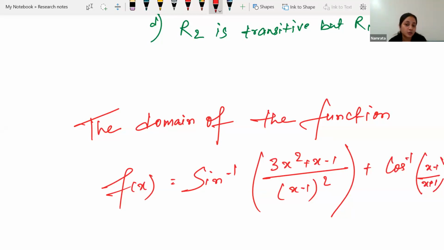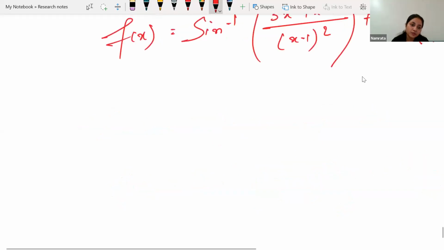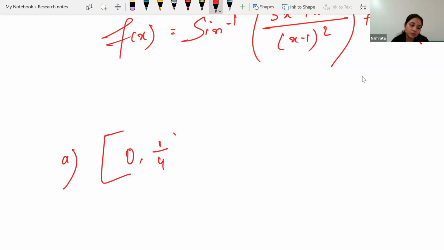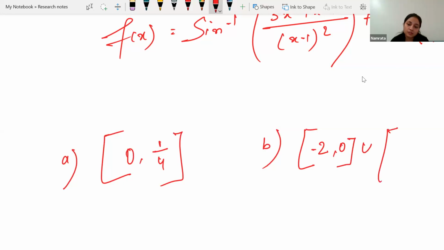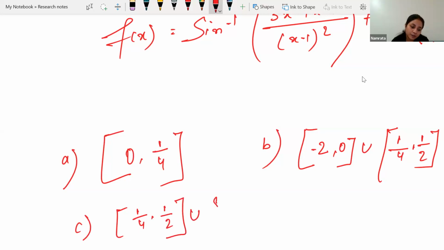We have to find the domain of it. Now the options are option A 0 to 1 by 4, B minus 2 to 0 union 1 by 4 to 1 by 2, option C 1 by 4 to 1 by 2 union 0, and option D 0 to 1 by 2.